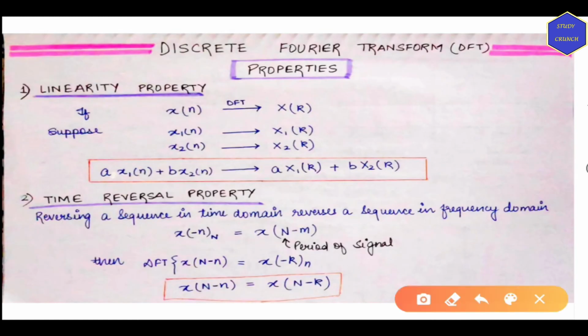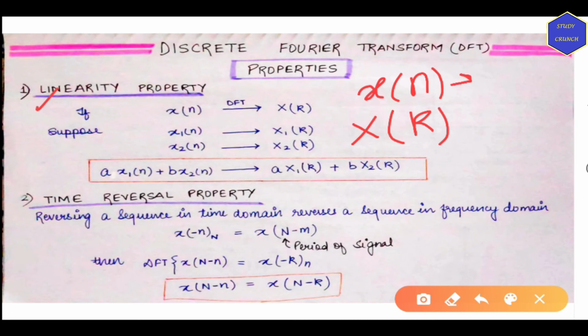Now let's start off with the properties of DFT. The first property says that it is linear. The linearity property is: if we have a sampled signal x(n), what we get is X(k). In the whole lecture you will only see this. x(n) is the normal term, whereas X(k) is the DFT of the sampled signal.